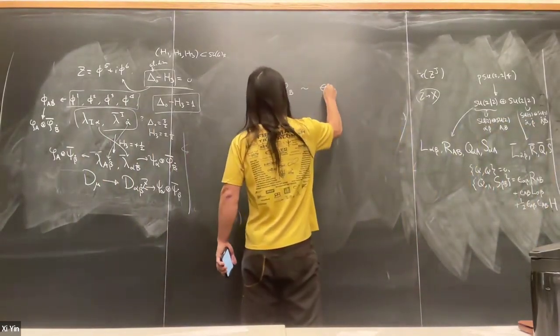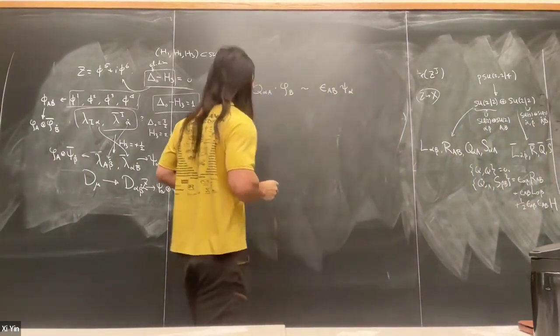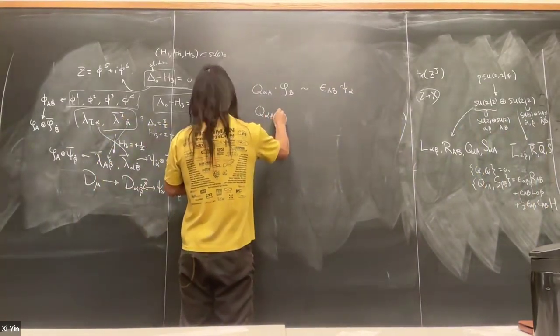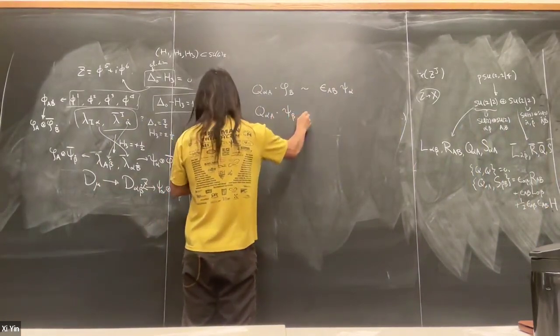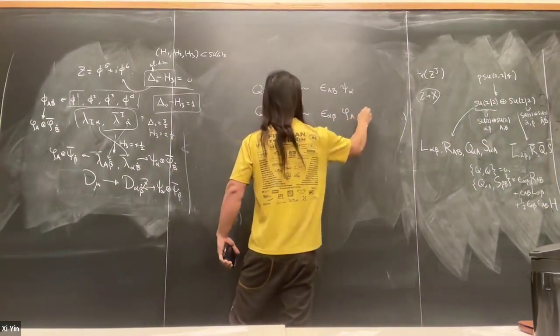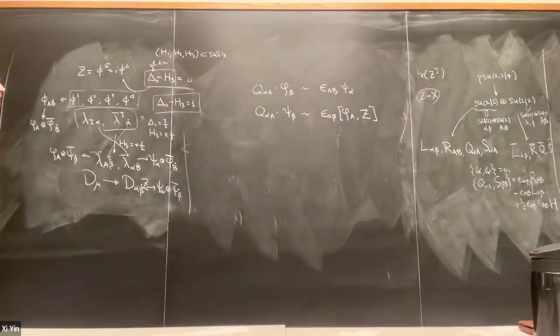This is going to give you epsilon AB psi alpha. What else can it be? Psi beta will have to be proportional to epsilon alpha beta phi A, with Z. It has to be a commutator. Well, it's either going to involve this commutator or the field strength. But in order to match the SU(2) indices, that's the only thing that can appear.